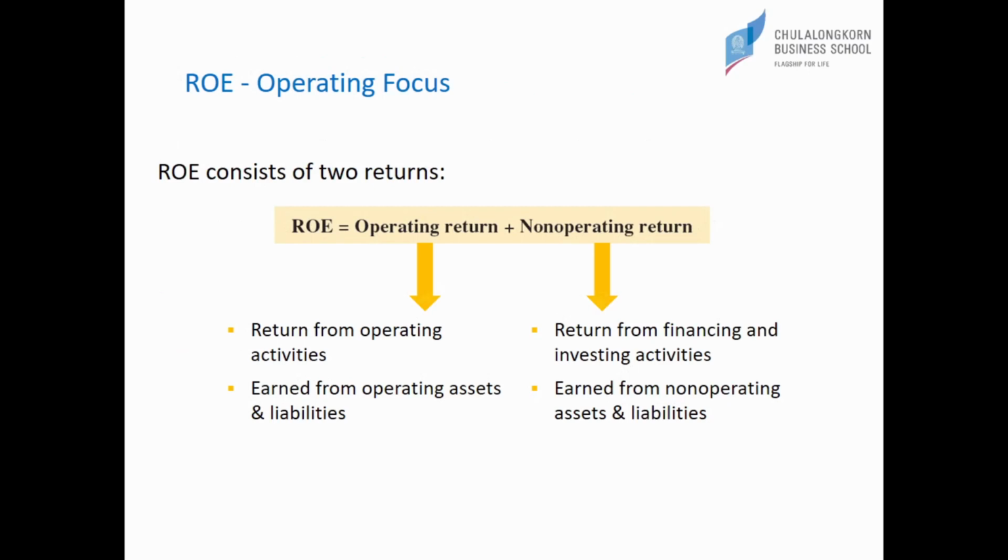But the non-operating return is the return from their financing or investing activities, right? It can be a return earned from investing in a marketable security. So these kinds of returns would fall under non-operating returns.